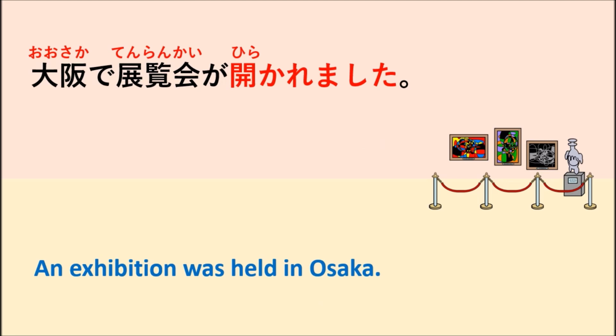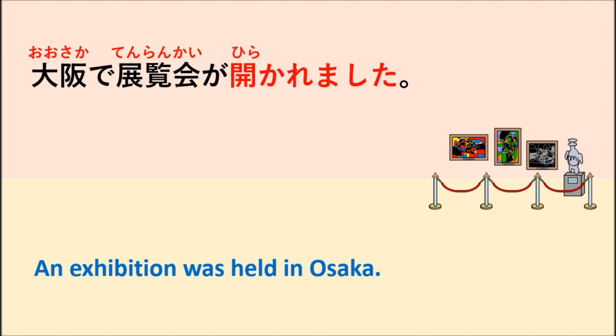A passive voice verb can be used when it's not necessary to mention who is carrying out the action, and the subject or the topic can be either tangible or intangible.